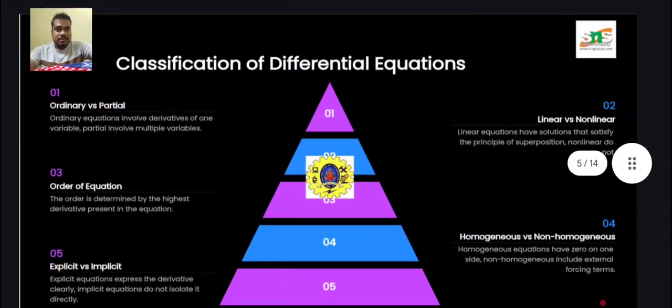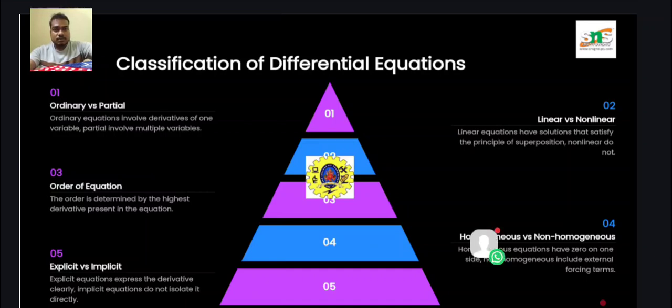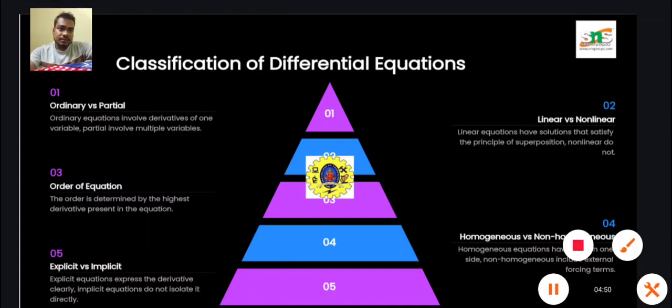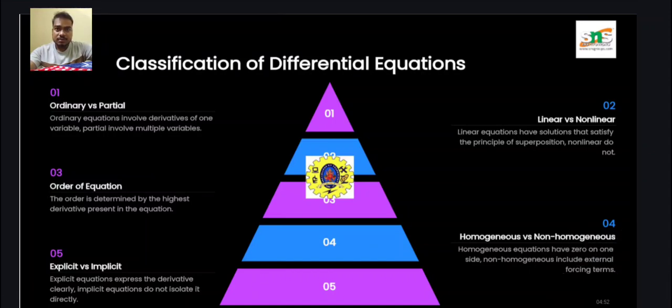So, classification of differential equation. First, ordinary versus partial. There are two types of differential equation: one is the ordinary differential equation, another one is the partial differential equation.